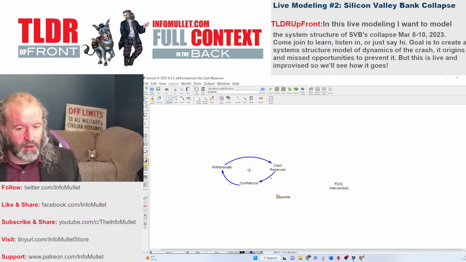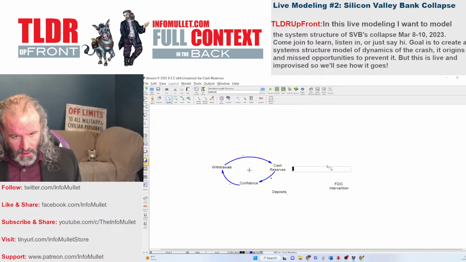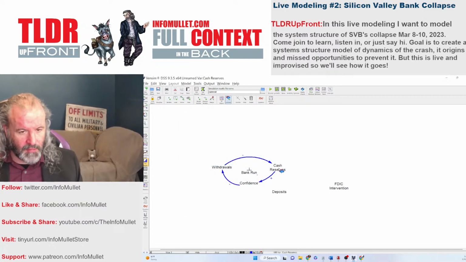Well, first of all, we could flip it with deposits, but deposits weren't happening. So as cash reserves, let's think through this here. It's not solvency, it's really liquidity. Let's label this one liquidity, or bank run. So this is really a liquidity problem.